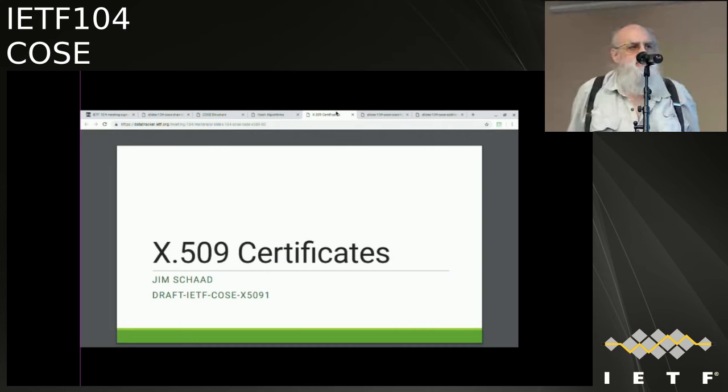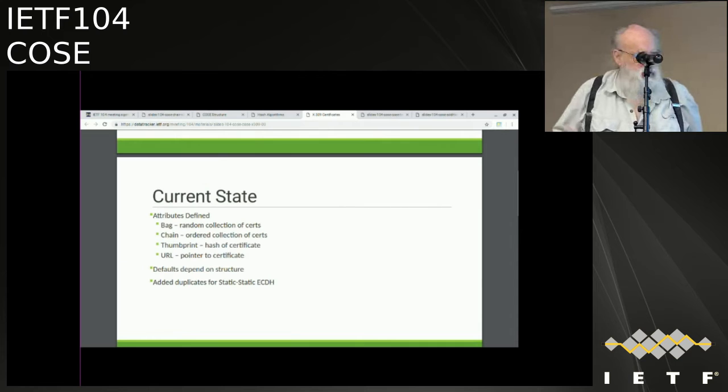We've got a draft for being able to carry X.509 certificates in COSE messages or something similar. So right now we have attributes defined for a bag of certs, a chain of certs, the thumbprint of the cert, and a URL that points to a certificate.